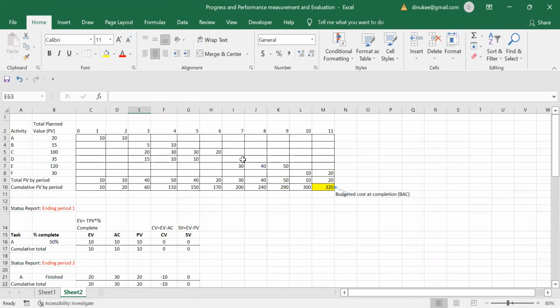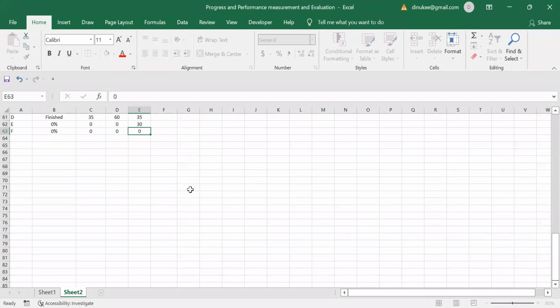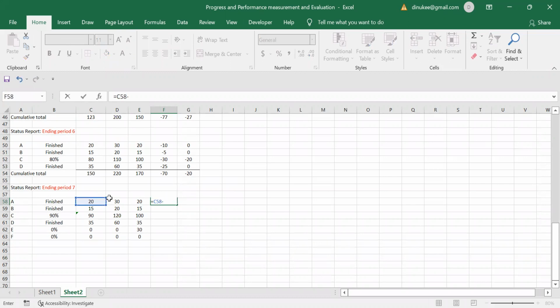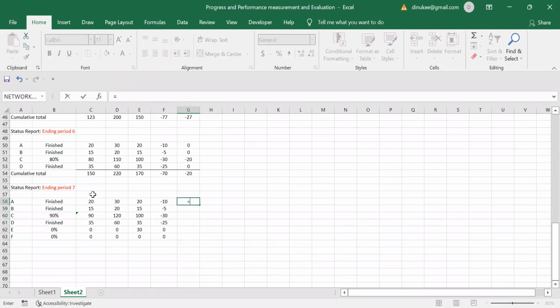For the F, ending period 7, what is the plan value? There is no plan value for ending period 7 for the F. That means it should be 0. Right. So take the cost variance now. Then take the schedule variance.